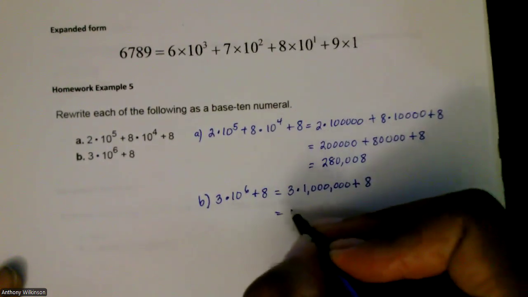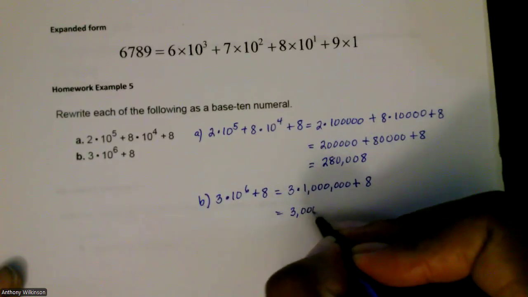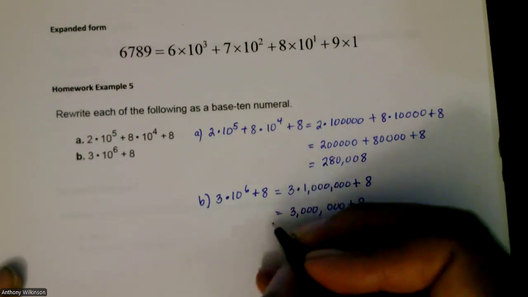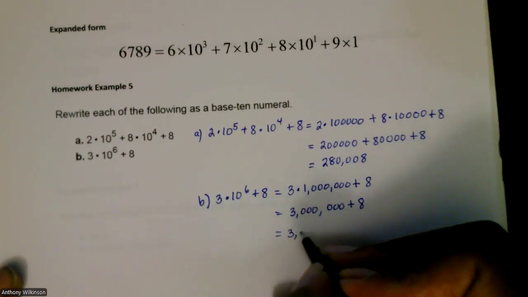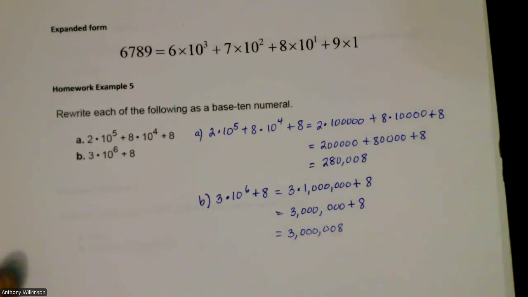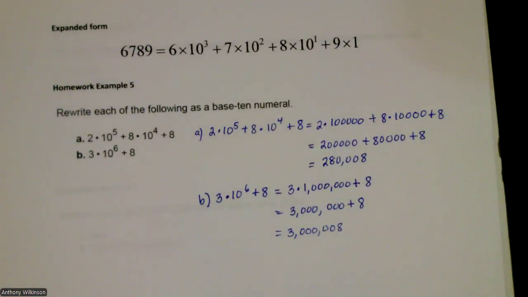Well, 3 times a million would be 3 million. And if we add 8 to the 3 million, you'll end up with 3,000,008. And that will be the final answer for that. So 3 times 10 to the 6 plus 8 as a base 10 numeral will be 3,000,008.